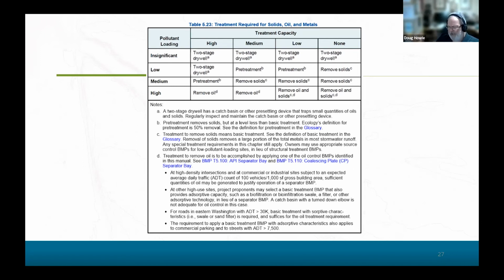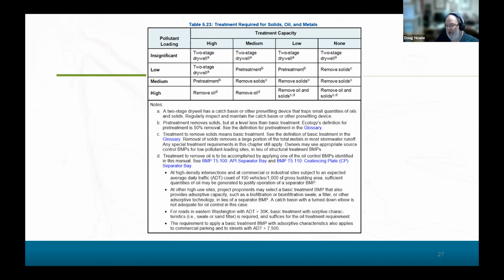If you're following the core elements, you follow the permit process, where you go through that flow chart I showed you of how to determine what treatment you had to do, and then you go through the flow chart of what BMPs can provide that treatment. If you're doing UIC, you're using this process of these matrices. You do not use the matrix process to determine your level of treatment if you're following the core elements.